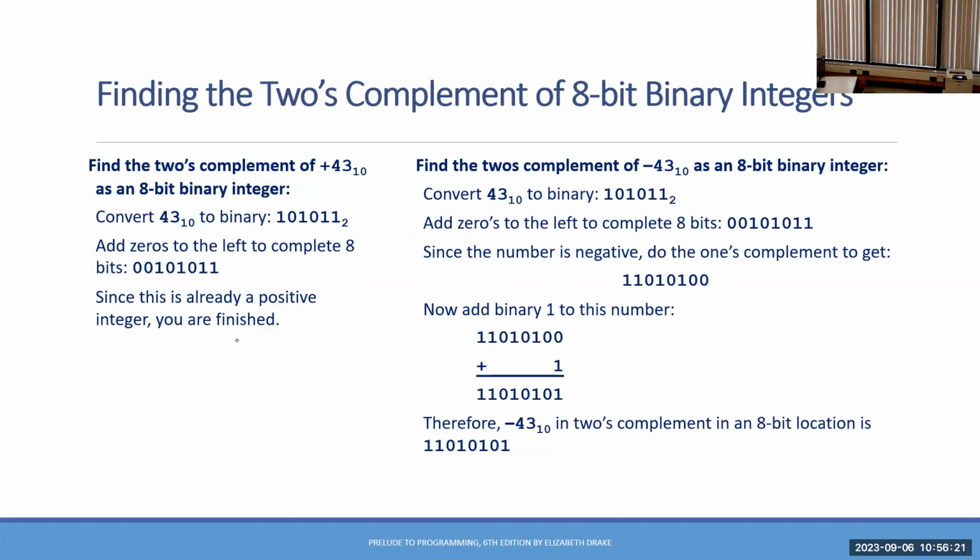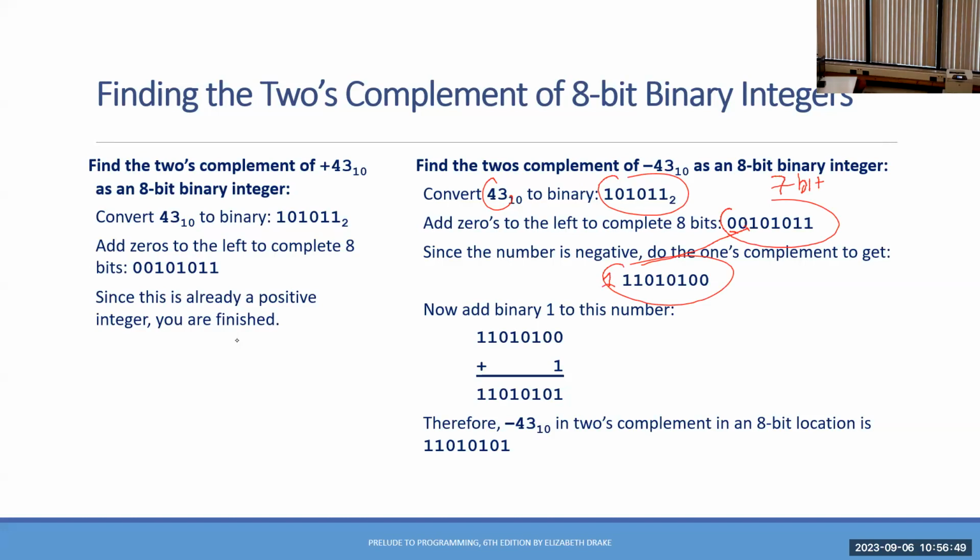Insert 0 on the left, right? Nice thing about the positive, you convert the magnitude into binary and add 0 to make it up to 7 bits. And now you reverse everything here, right? Reverse it. 7 bits here, and the last bit, you have number 1.